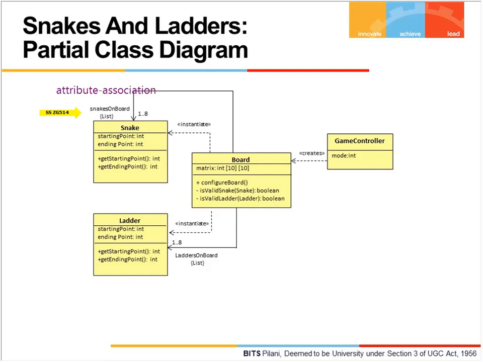I'm trying to say that an attribute named snakes on board, which is a list, exists in the board class. This attribute is of type snake, and it has a multiplicity of 1 to 8. So there could be 1 to 8 snakes. If the case study says there can be only 8 snakes, then I will put the exact number 8 here.